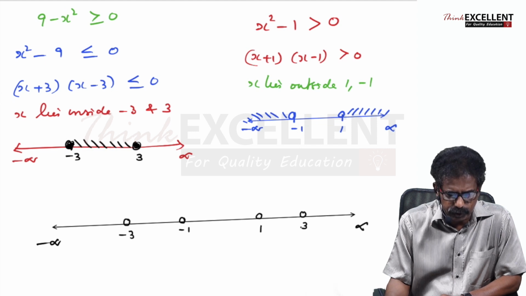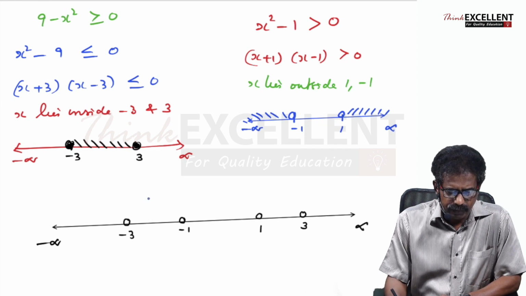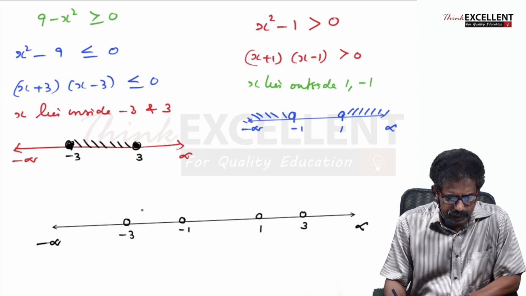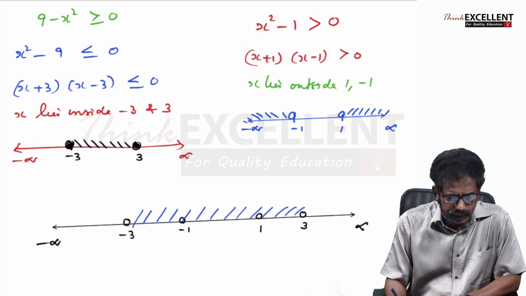Okay, number line. So positions you give correctly. Now listen, the first one, the numerator, minus 3 to plus 3. So this portion. And minus 3 and 3 also included, right? So this is for the numerator.